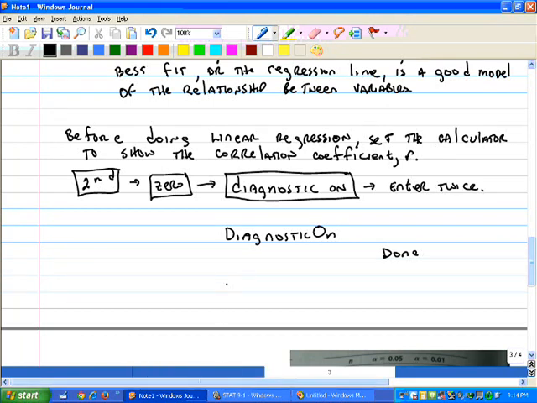Next, we need a data set. Exercises in your book will use data from studies, different things. X's and Y's will represent specific things in the topic being studied. But for our purposes to illustrate, we're just going to use X's and Y's.